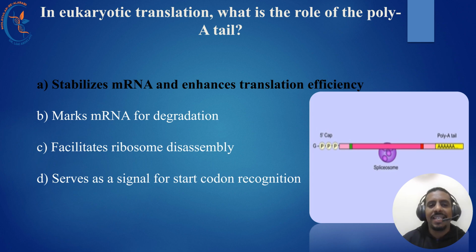The poly A tail at the 3' end of messenger RNA stabilizes the transcript and enhances translation by interacting with the proteins that help the ribosome bind. In eukaryotic translation, the poly A tail acts as a protective cap, preventing degradation and ensuring efficient protein synthesis. So the correct answer here is that it stabilizes messenger RNA and enhances translation efficiency.